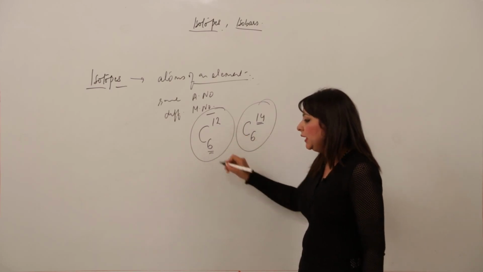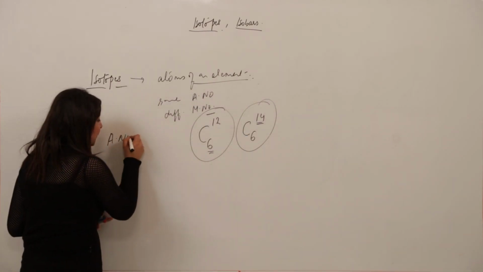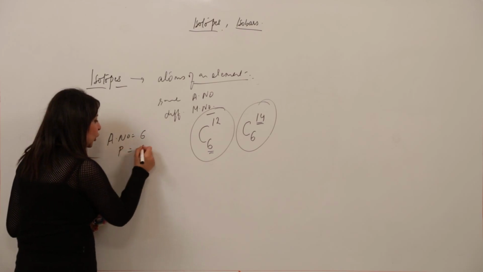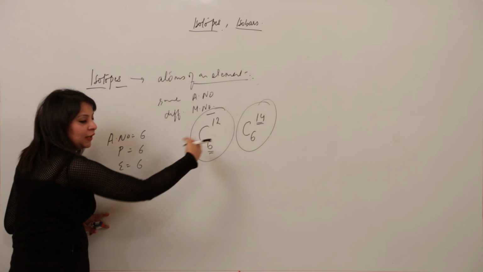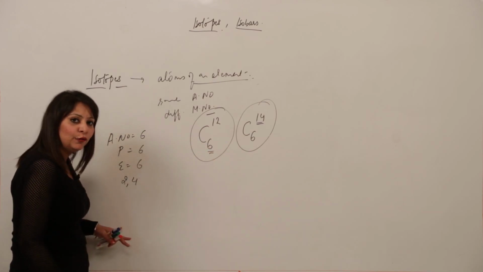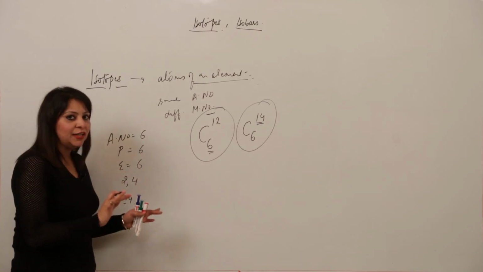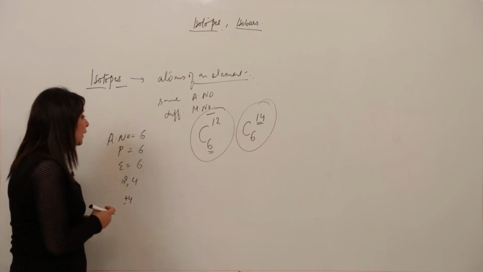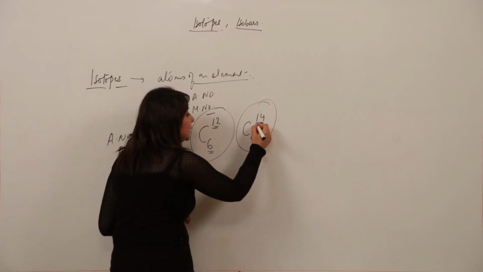Same atomic number means, atomic number is 6, that means number of protons are 6. Number of electrons are 6, the configuration, both atoms will have the same configuration 2 and 4, the same valency, everything is going to be same, right? Then where does the difference lie? The difference lies in the mass number.